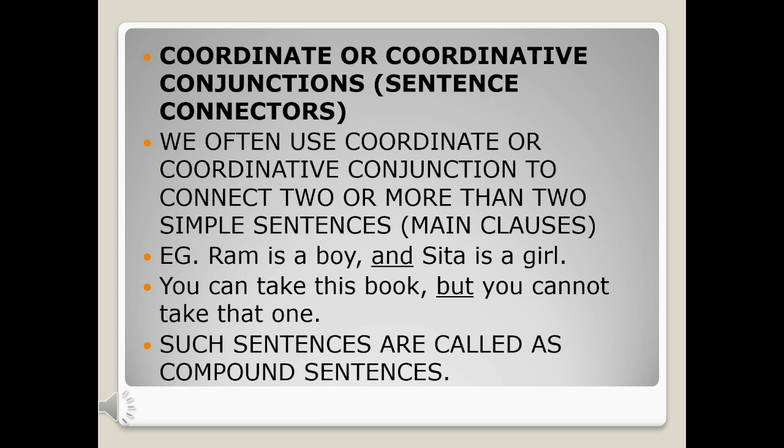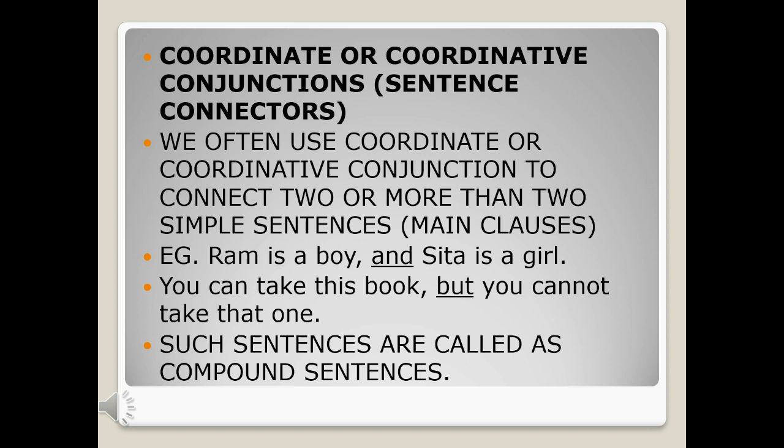Coordinate or coordinative conjunctions. We often use coordinate or coordinative conjunctions to connect two or more than two simple sentences. Example: Ram is a boy and Sita is a girl.